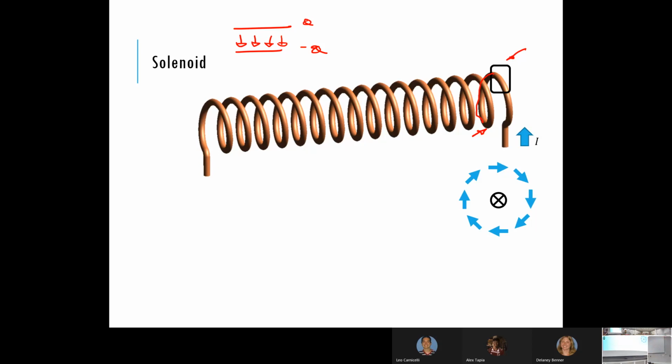And imagine it's coming in at the top, goes around that backside, and now it's coming out at you. So down at the bottom, what direction is the magnetic field due to that current that's coming out of the board at you? Right-hand rule. And I'll draw that one in.